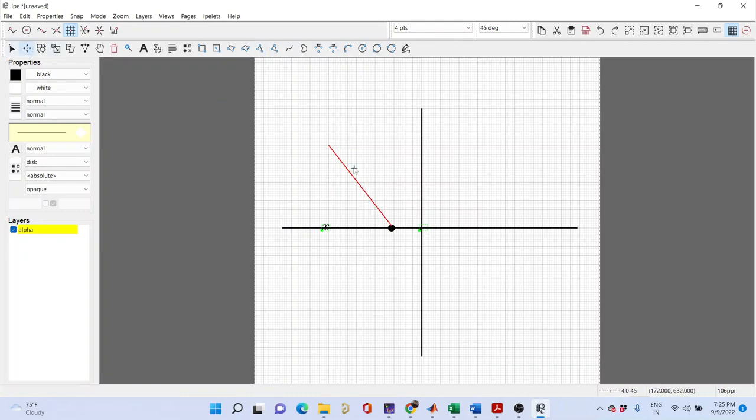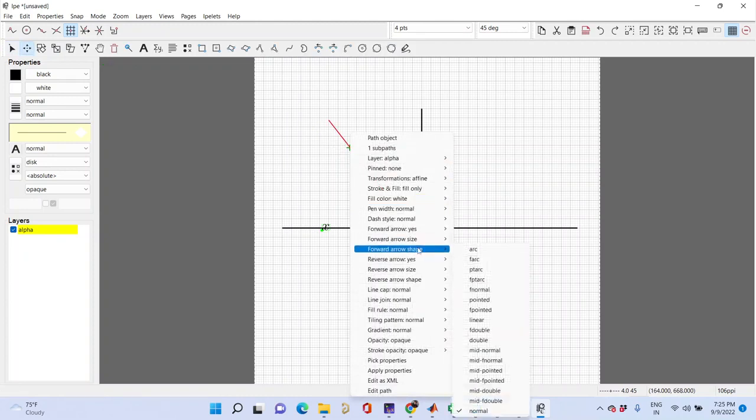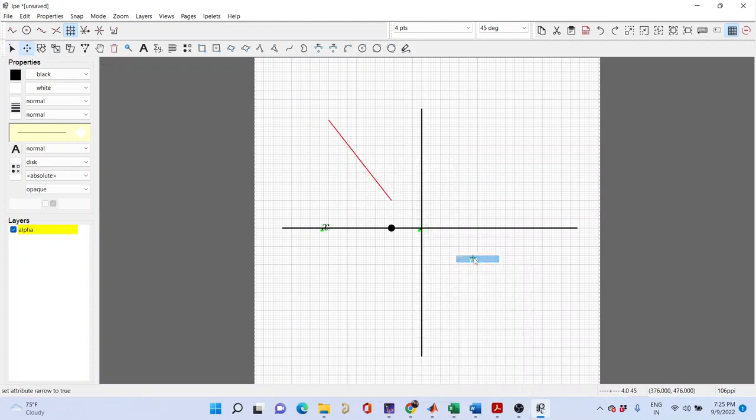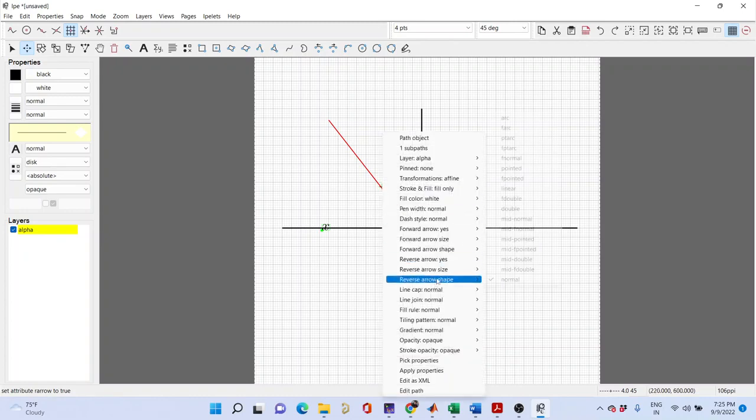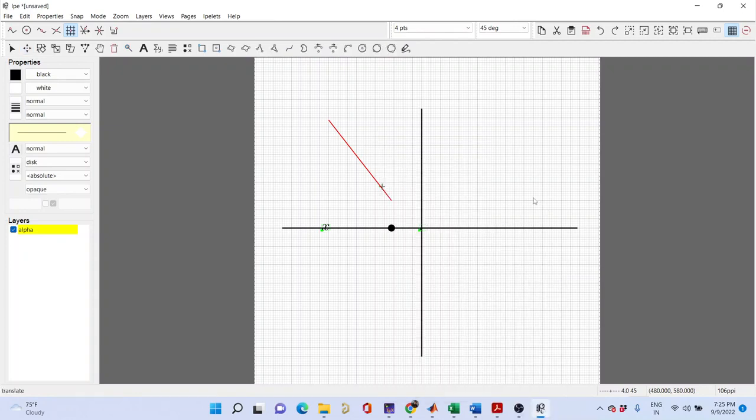Are you getting my point? What I am trying to say? This vector, yes, yes. I don't know why nothing is working today. I do not know what has happened. Nothing is working. The arrow size is reversed and forward. Anyways, leave it. Today my time is not good.